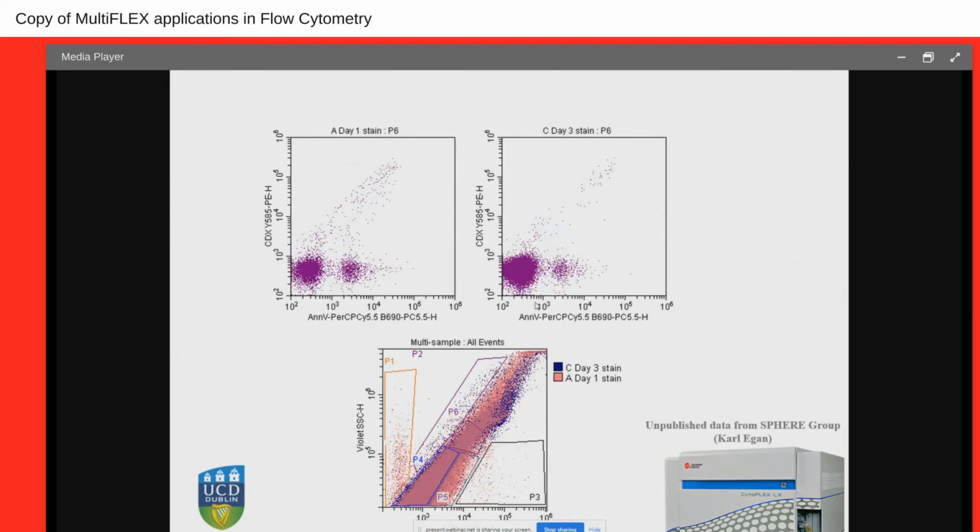If we increase, in this case, the size of my EVs or the position of my EVs on the scatter, we can see they have larger expression of those markers, bigger EVs, more markers associated to them. But if we go to this parallel population here that shows up on day 3 and disappears on day 1, there is no expression of the marker.